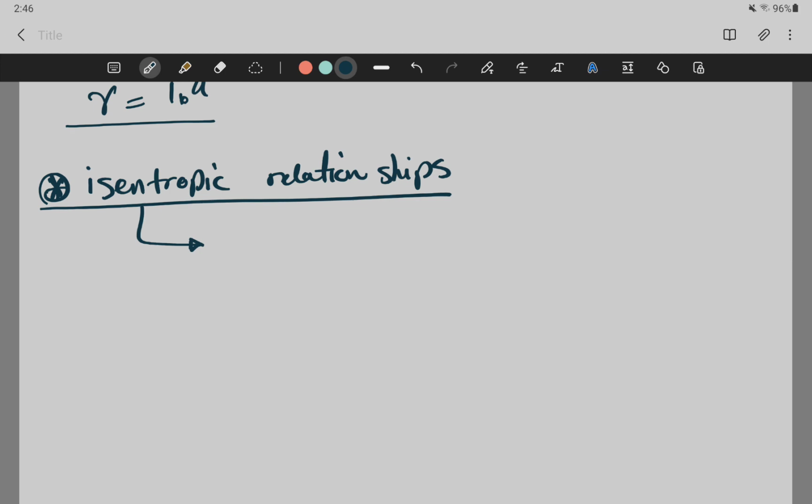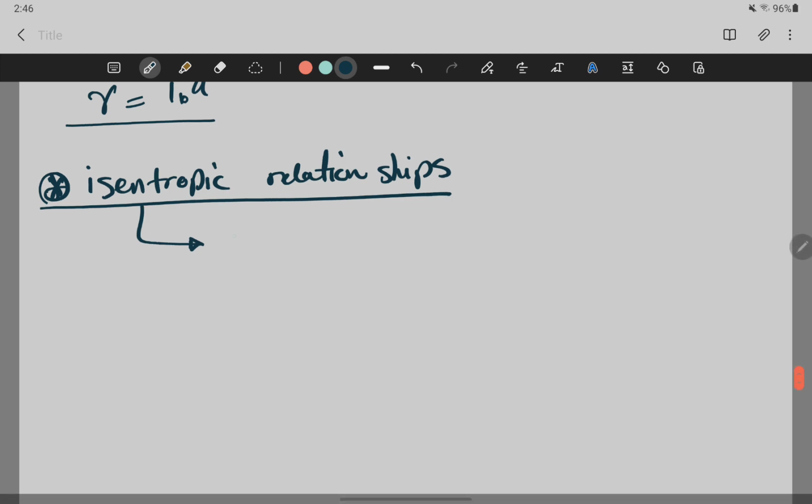Let me rephrase the question. What will happen to your process if the entropy doesn't change? What is the specific thing that only applies to those processes? It's reversible. You can reverse it.